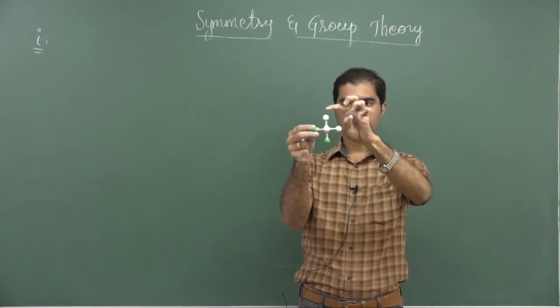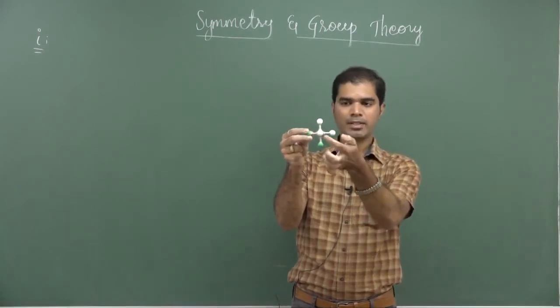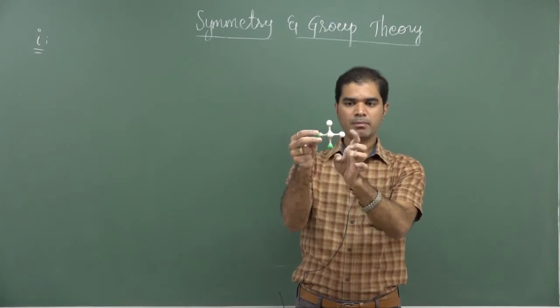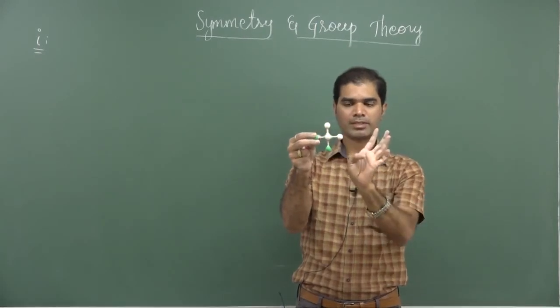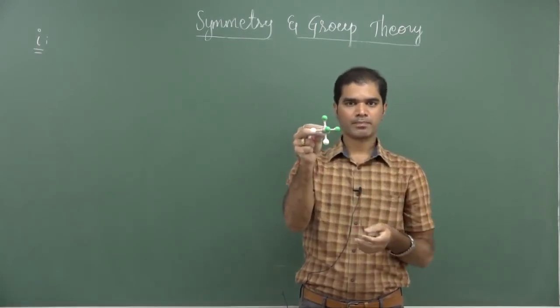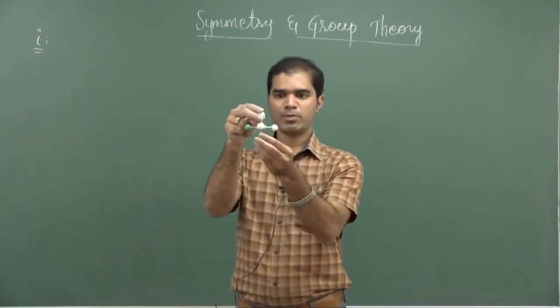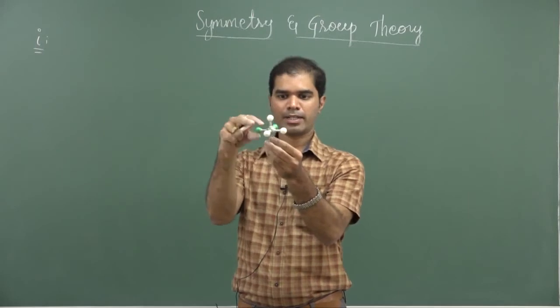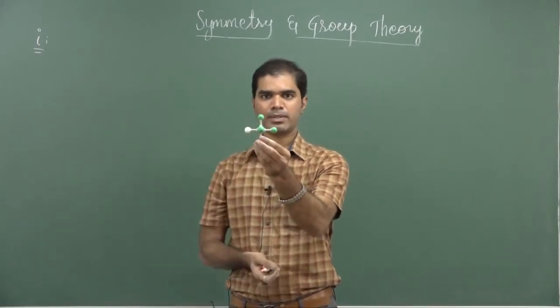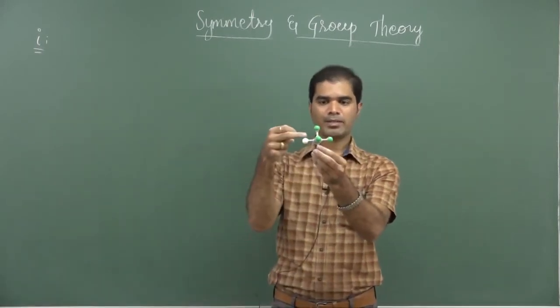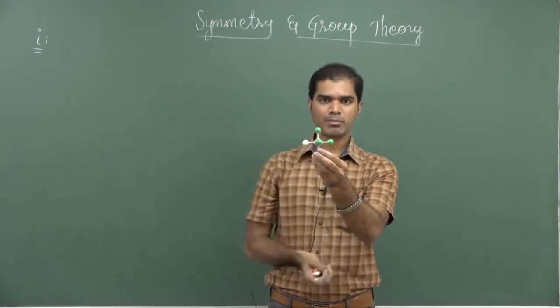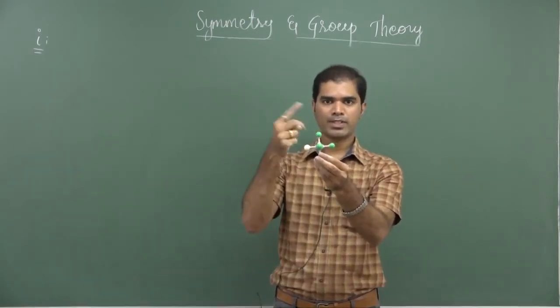So if this is plus, this will exchange with minus, plus will exchange with minus, plus will exchange with minus. Okay. So this is how it will come. Previously it was this way, and as they get inverted, this is how you will see it. Wherever you had white balls, now they are replaced by green balls. So this is the process of inversion.